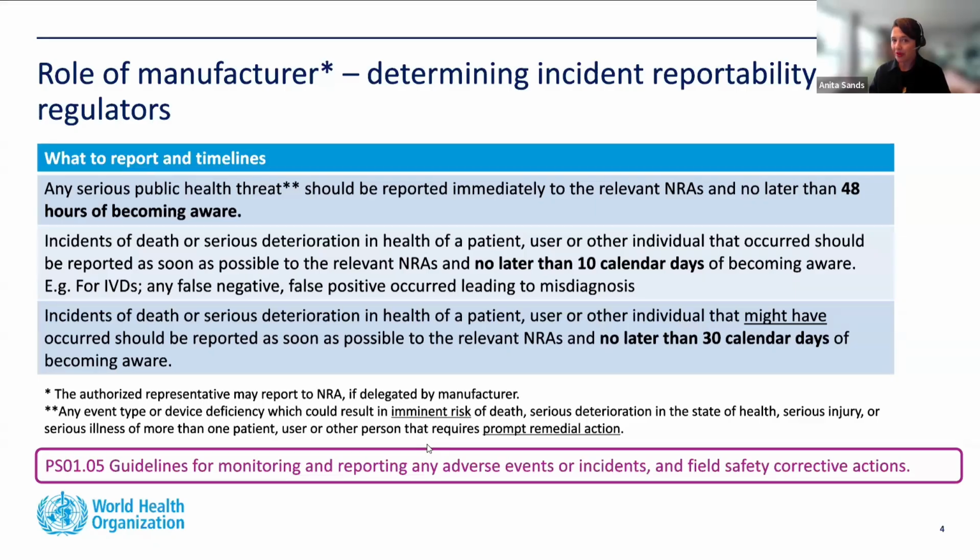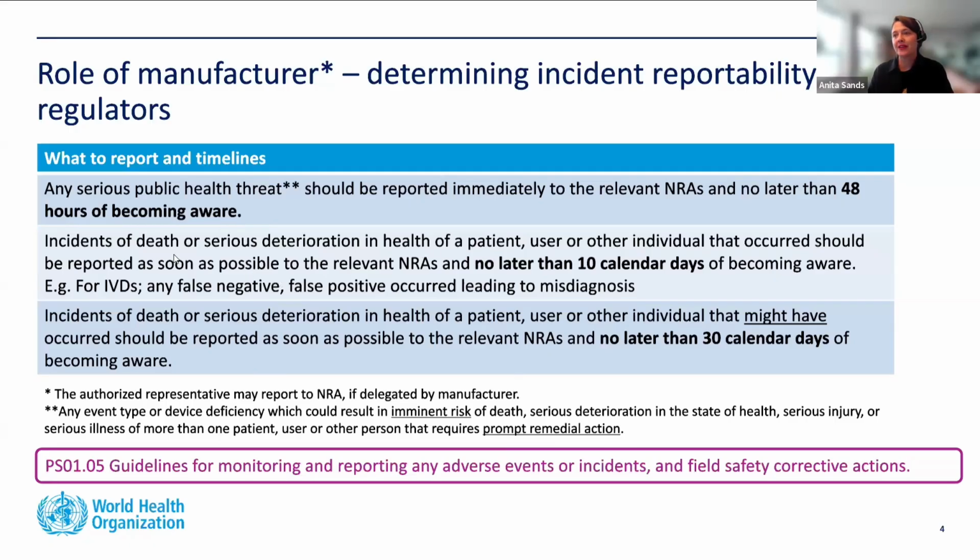So if it's just one person, that's a little bit different to more than one. And also it relates to if you took an action, you would prevent that death. So it's imminent risk, more than one, and requires prompt remedial action. If the incident doesn't fit that definition, and I can tell you in the 12 years I've been receiving incidents, I've never had one of those.